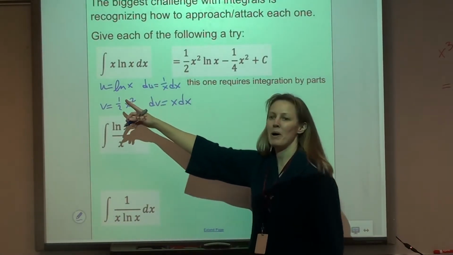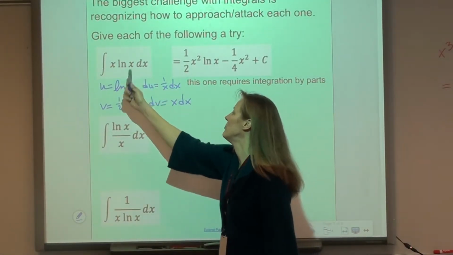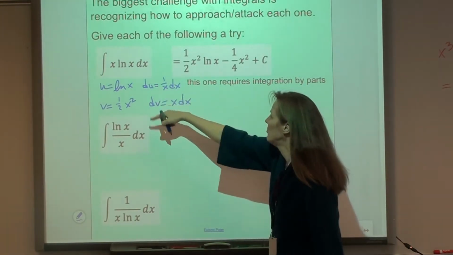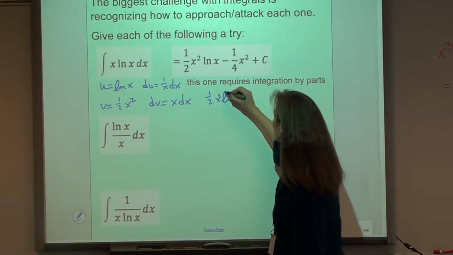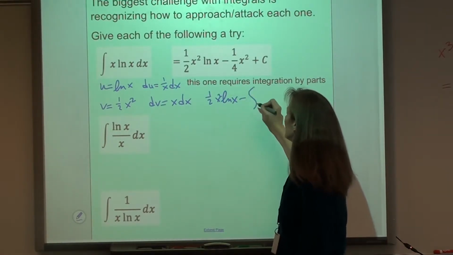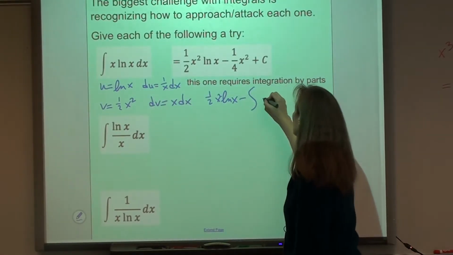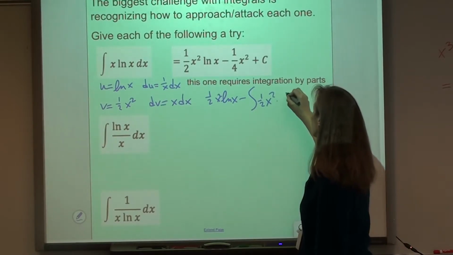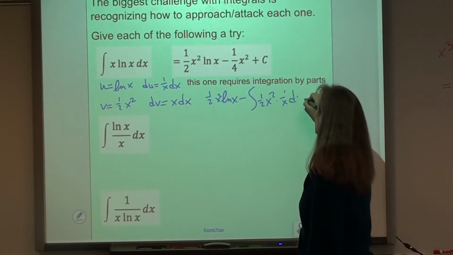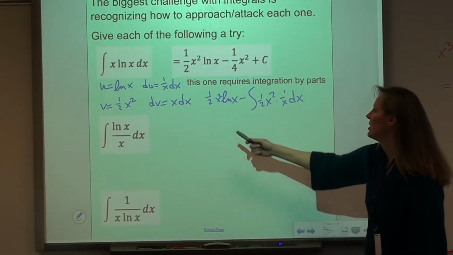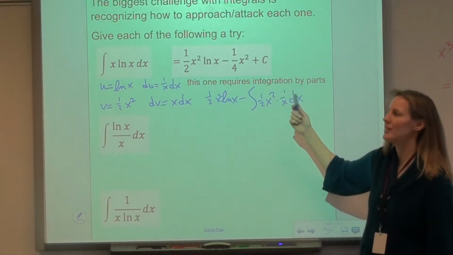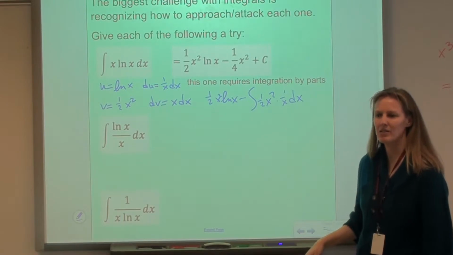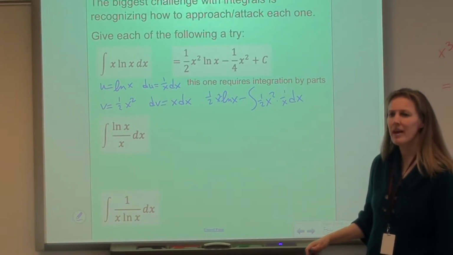Remember, the integral of u dv equals uv minus the integral of v du. So you end up with 1/2 x squared ln x minus the integral of 1/2 x dx, and then you just do the integral of the x. Does that help? Okay.